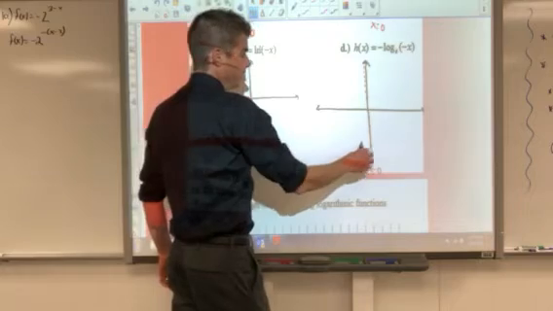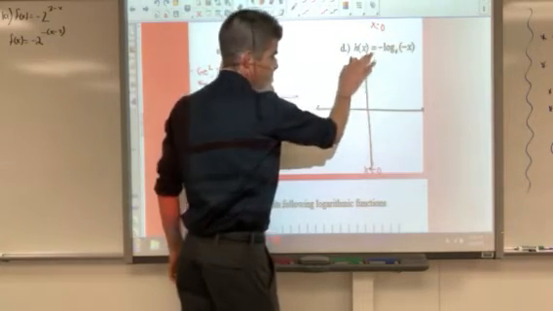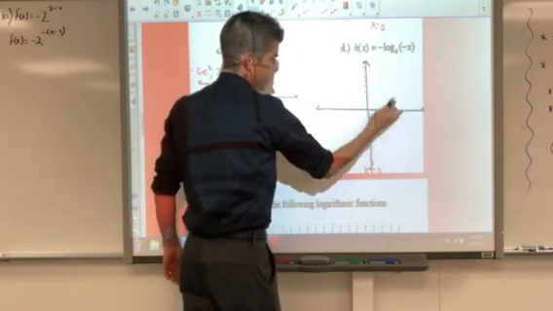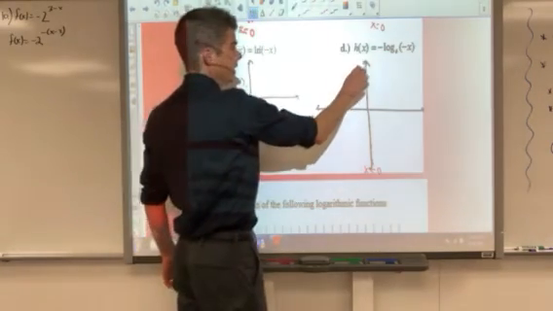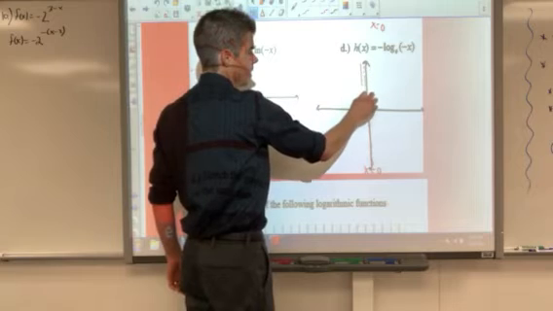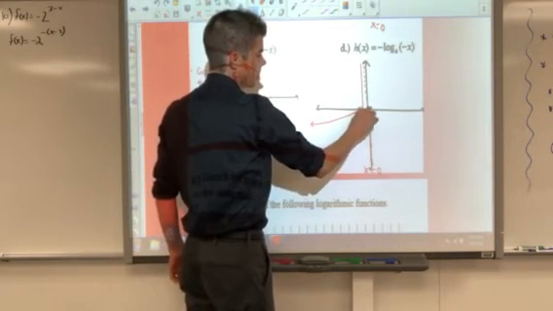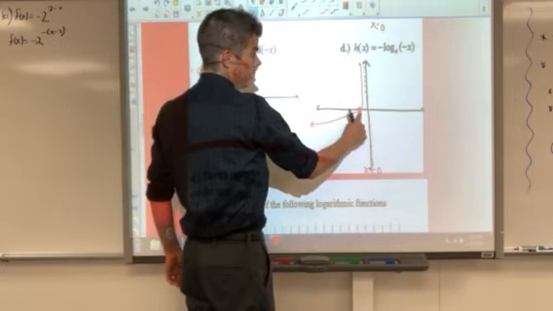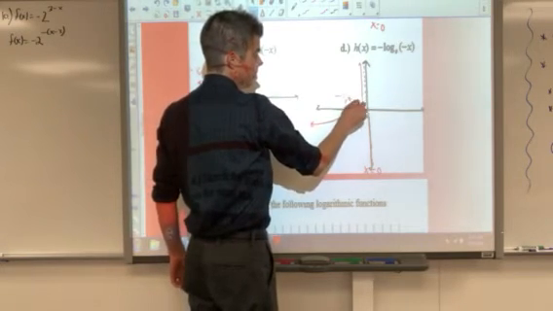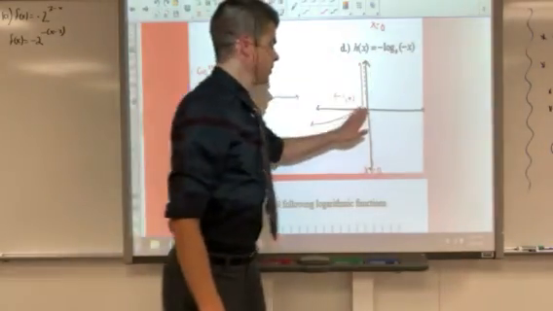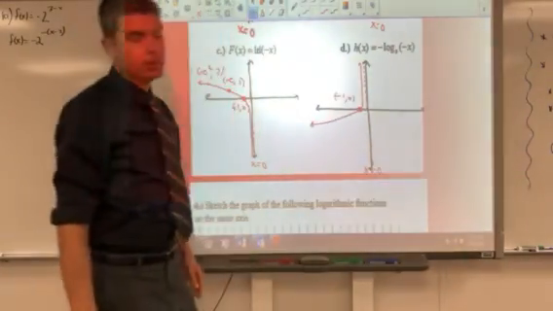But then, again, thinking about this negative reflects it over the x-axis, and this negative reflects it over the y-axis. So our image actually looks something like this. Where that value right there is (negative 1, 0). And then I'm not sure what that value is, but you could also plot the points to see what that looks like.